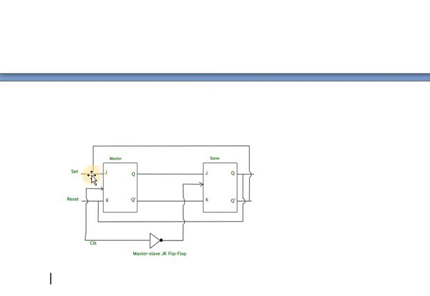So it has two inputs. One is set, that is to the J, and reset, that is to the K, and it has two outputs. One is Q and a Q complement, which is given as an input to the slave JK flip flop.